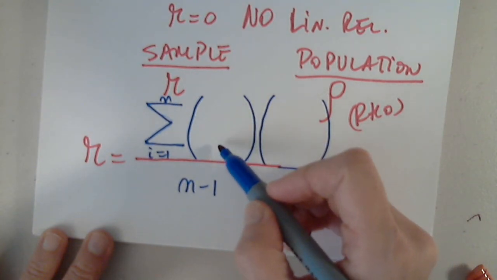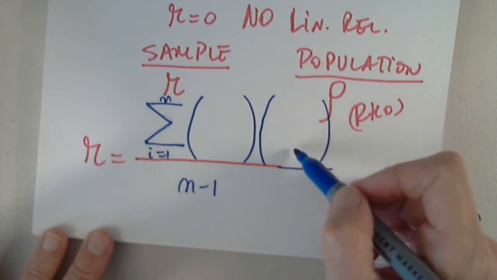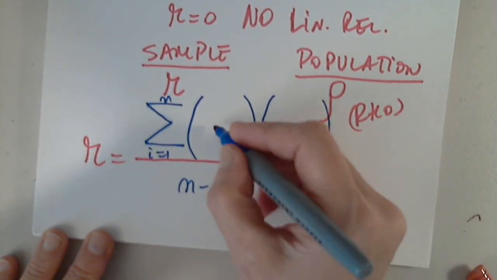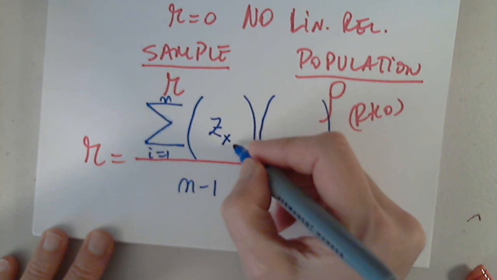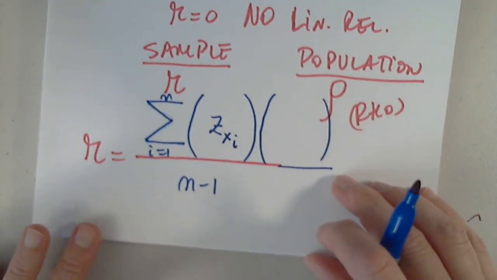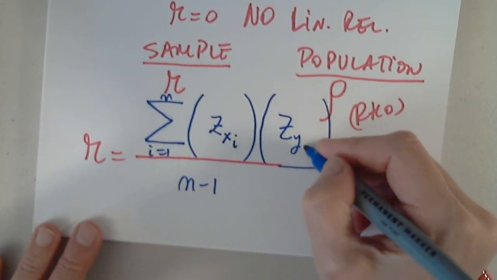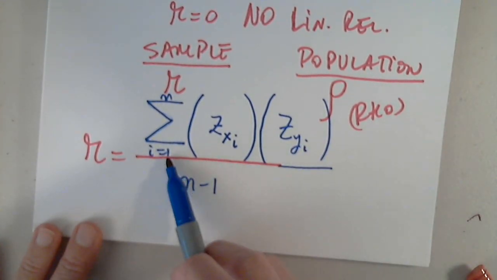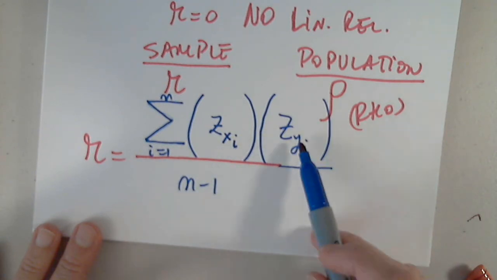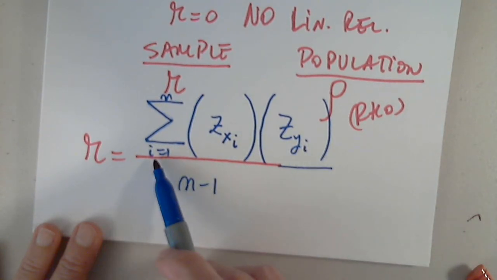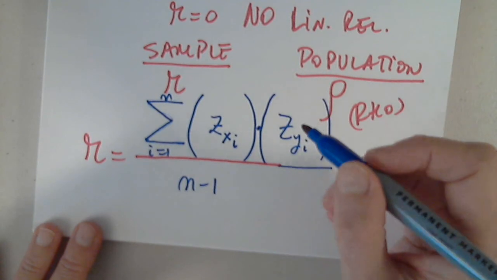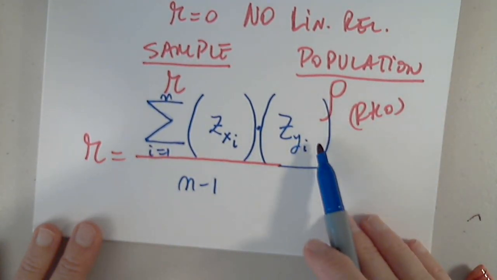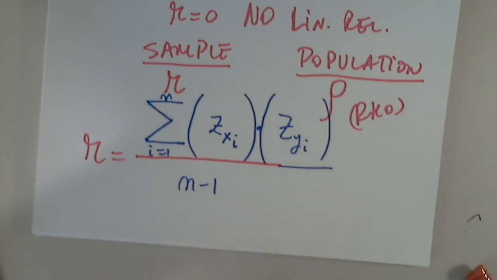So the z-score for x times the z-score for y, for each and every one of them. Of course, corresponding. When i is 1, z-score for x1 times z-score for y1. When i is 2, the z-score for x2 times the z-score for y2, and so on and so forth.